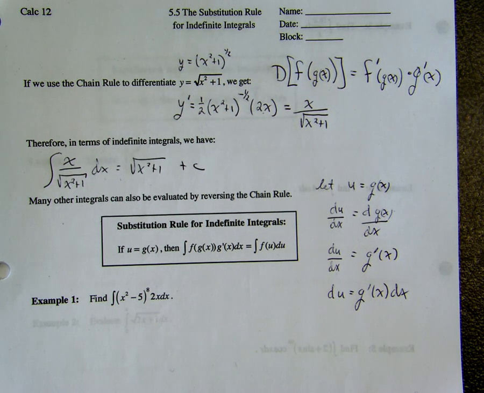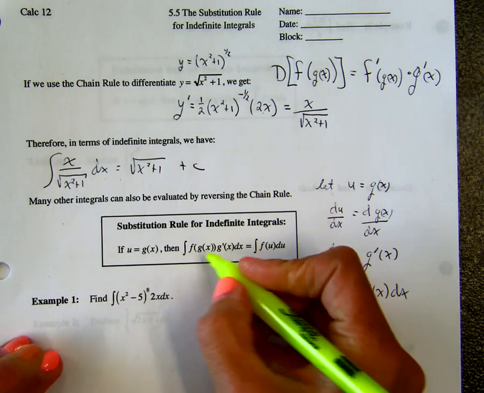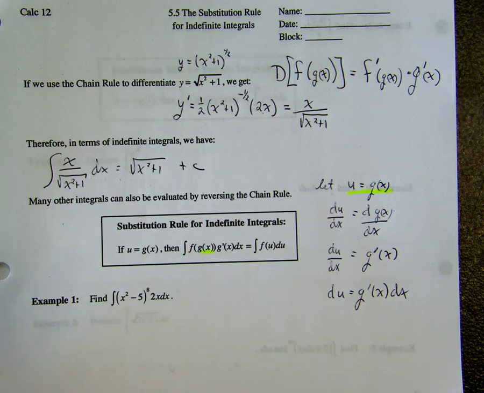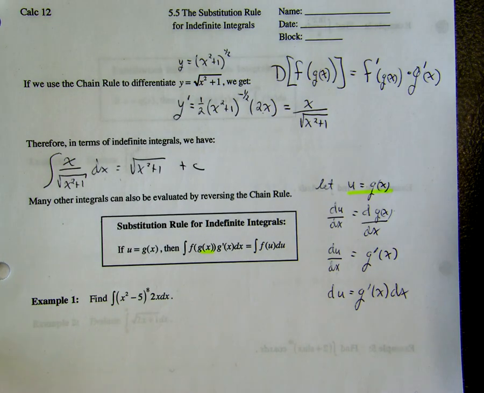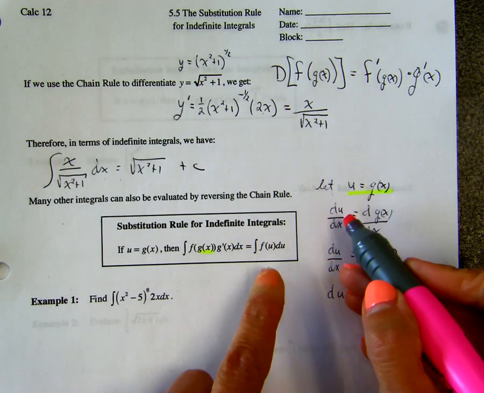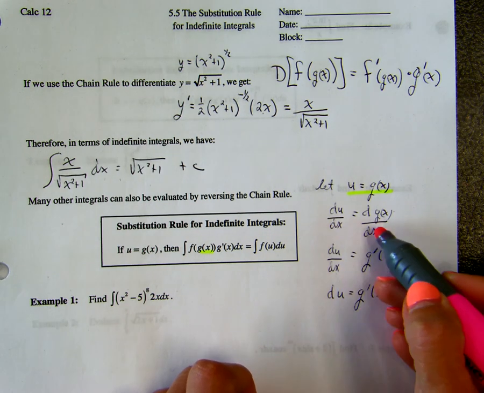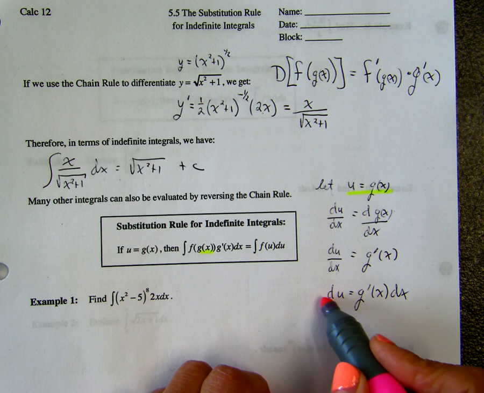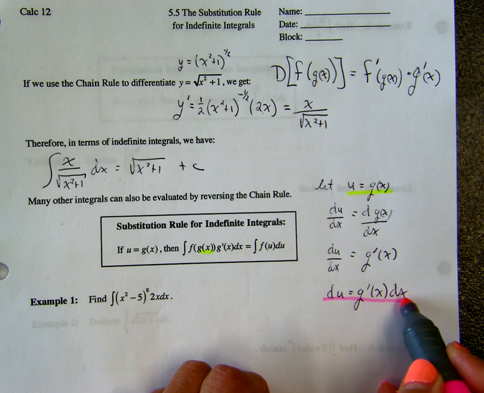So look here at our substitutions. We let g of x equal u. And then we worked by taking the derivative of both sides with respect to x and simplifying algebraically, we get du is equal to g prime of x dx.